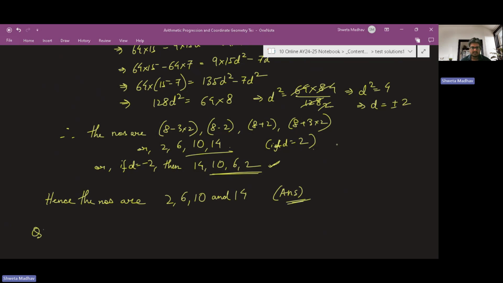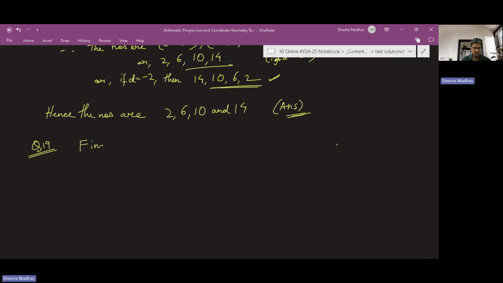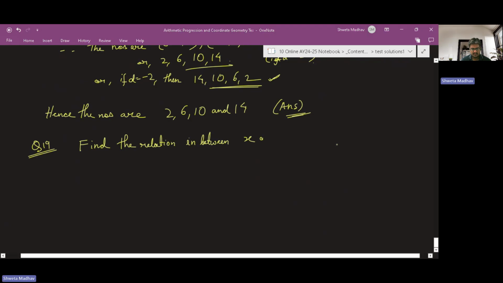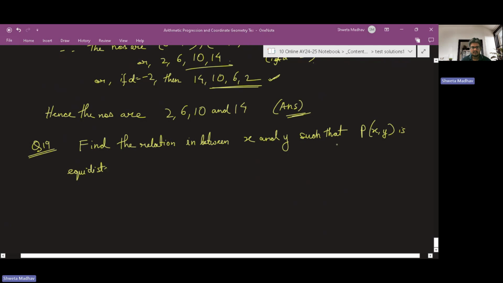Then in question number 19, it is told to find the relation between x and y, such that the point P(x, y) is equidistant from the points A (3, 5) and B (7, 1).